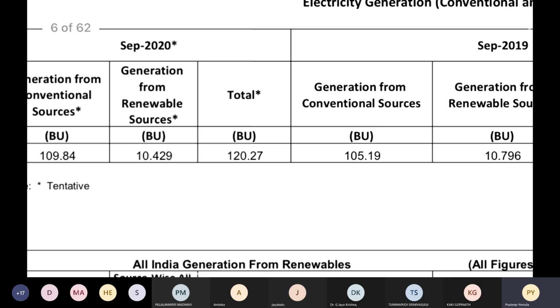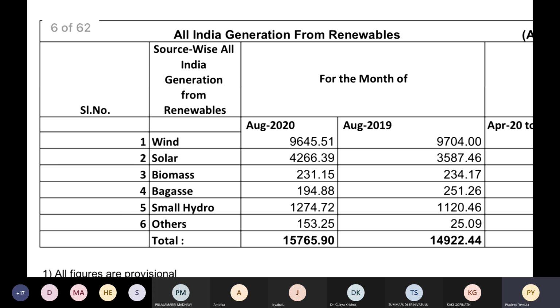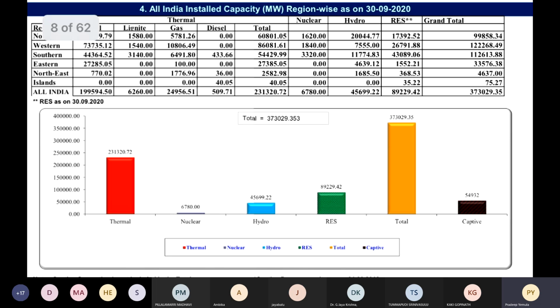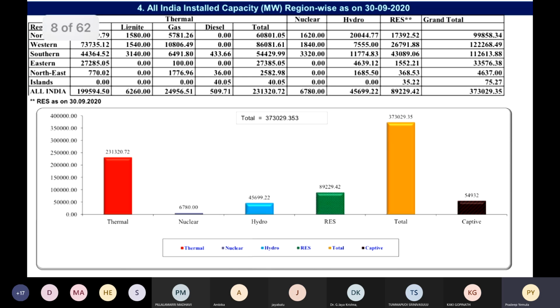Earlier we talked about generation. Now we are talking about installed capacity. If you look at this table, the rows indicate the northern region, western region, southern, eastern, and northeastern region. So different regions of India. And we can see how much thermal, nuclear, hydro, and renewable there is.